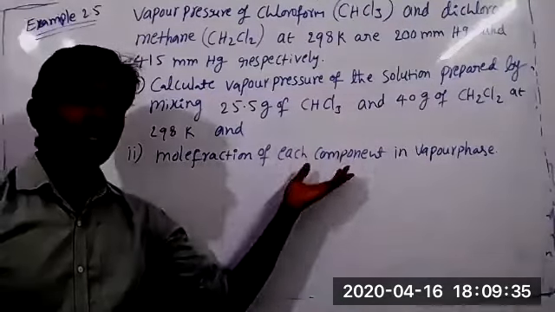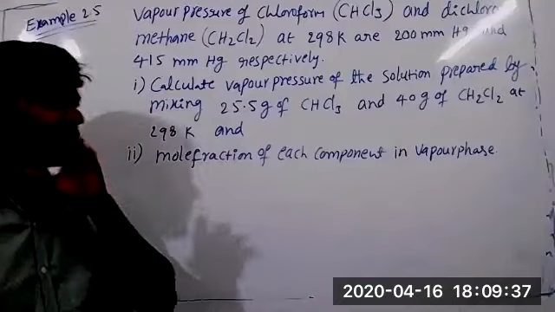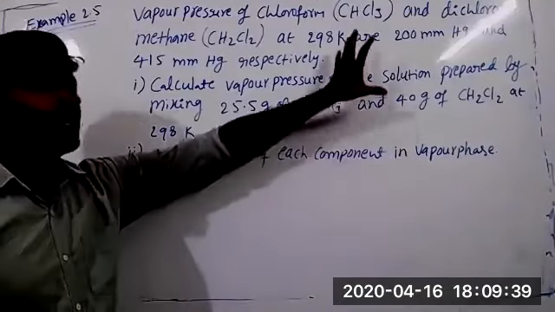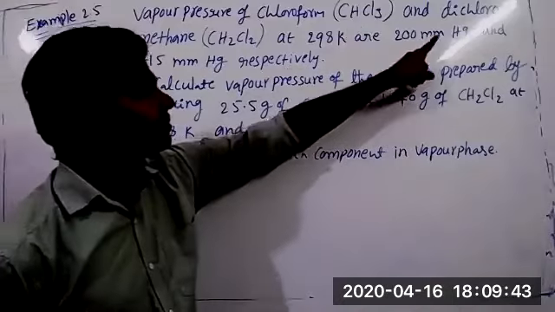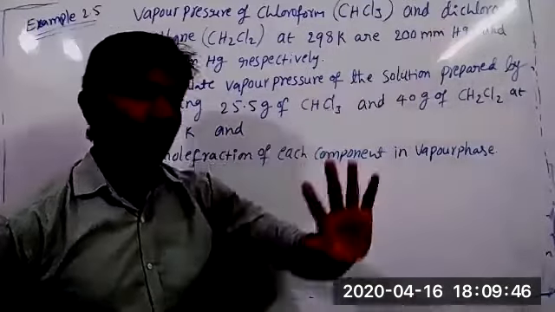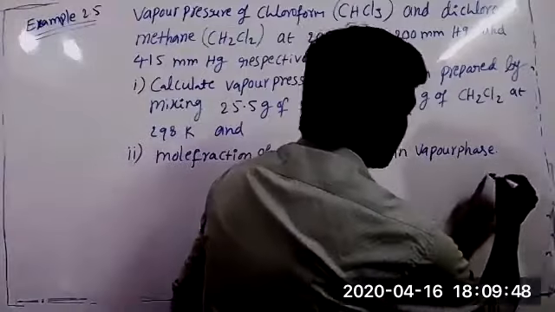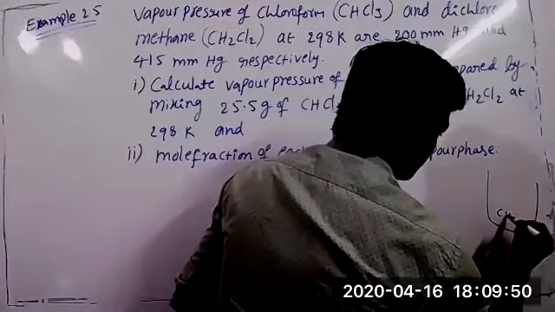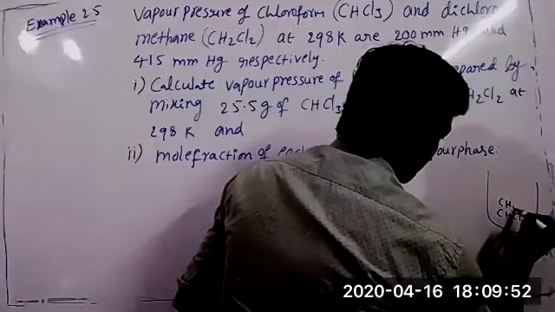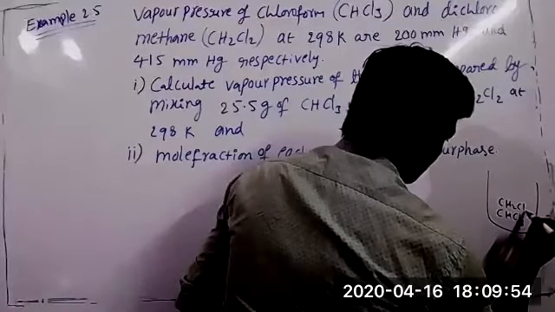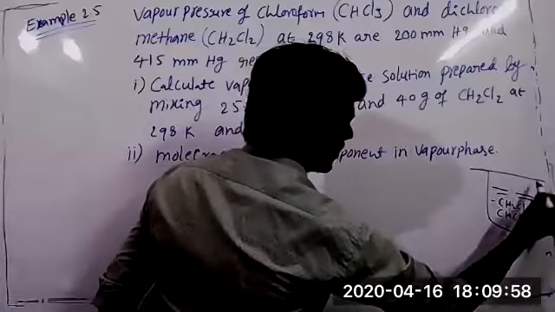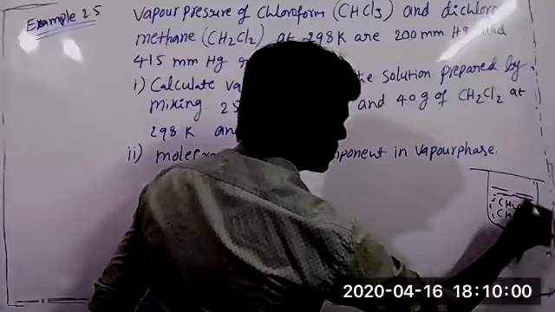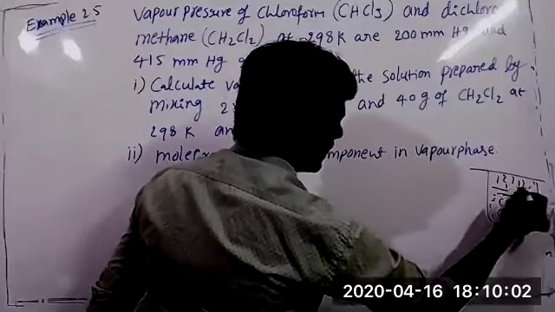Is this question completed? Yes, sir. Okay. See, we are taking one liquid in liquid solution. Here chloroform and dichloromethane both are liquid. Here we prepared a solution by mixing chloroform and dichloromethane. Close the container. So it causes some vapor pressure. We have to calculate this vapor pressure.